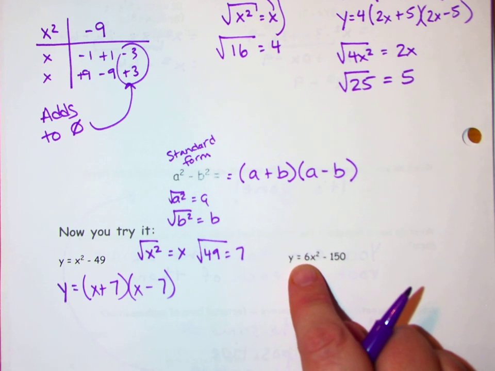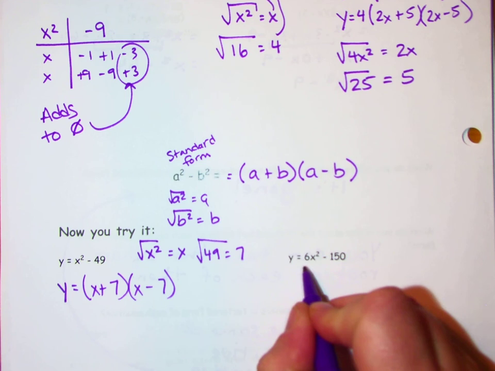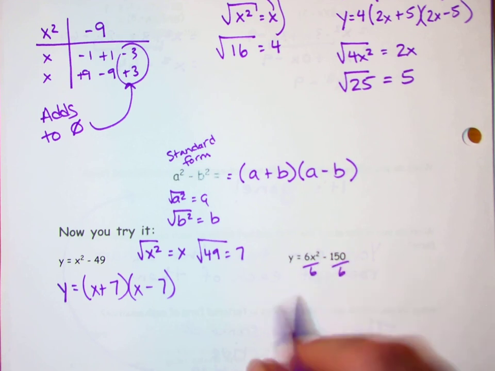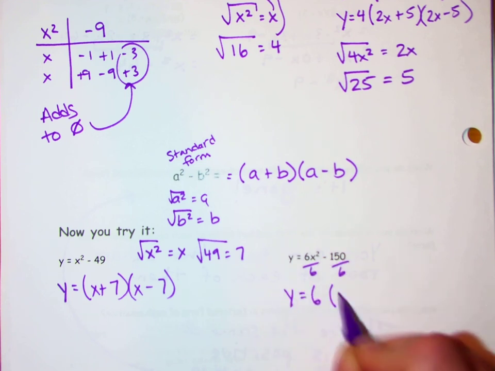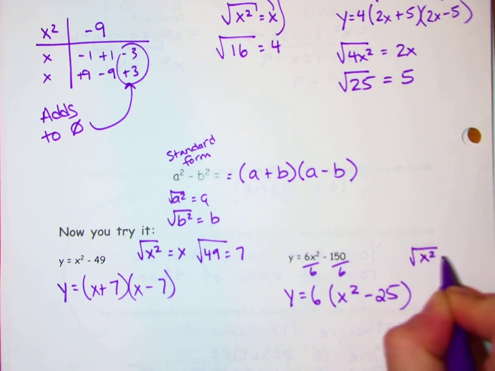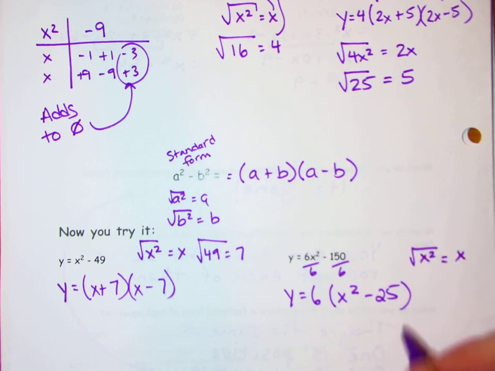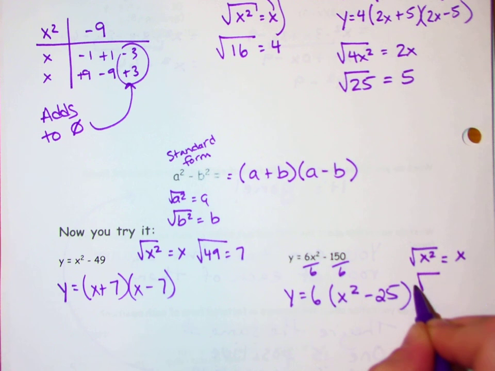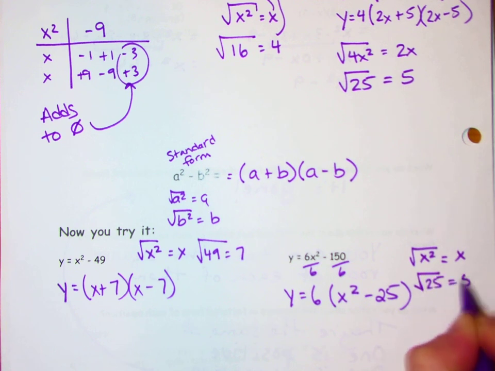But remember, the first thing with factoring is to check to see if you have a common factor, and 6 goes into both of those. So I'm going to factor that 6 out. That leaves me with x squared minus 25. You can probably see this already. The square root of x squared is x, and the square root of 25 is 5.